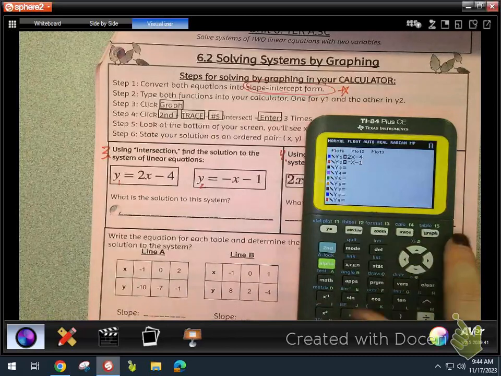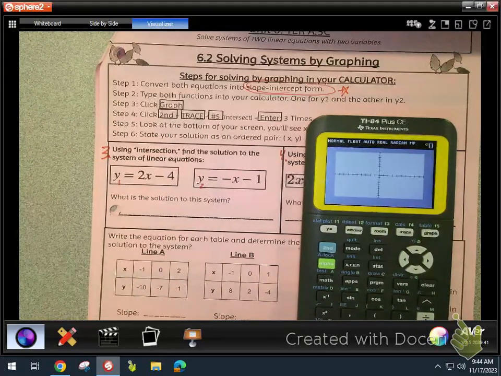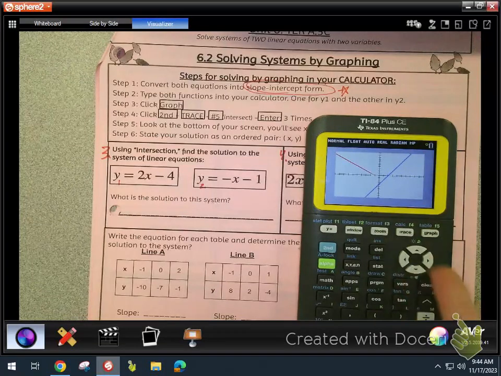Now, what I like about my calculators is that they're colored. So you're going to see one graph that is blue and one that is red. It doesn't matter if they are not colored; it still does the same thing. It's just that you know which one is which when they are. Does your graph look like mine? Yes. So let's decide how many solutions we are going to have just looking at this picture.